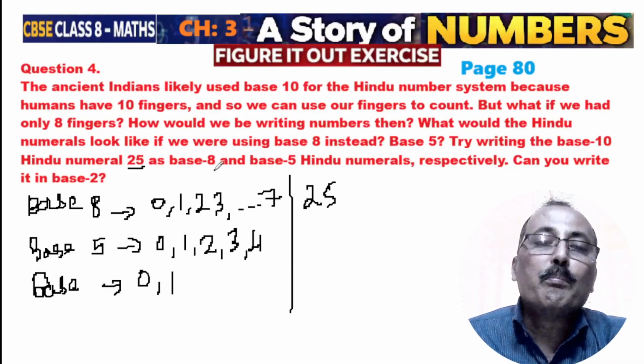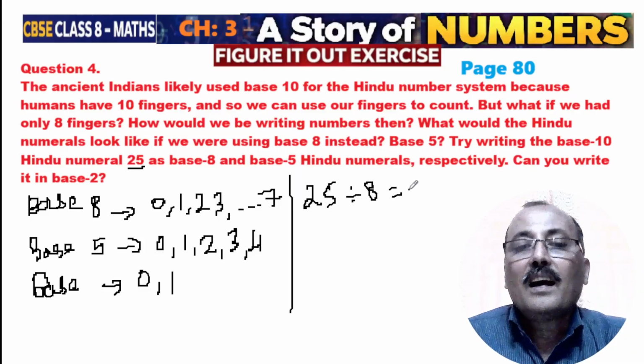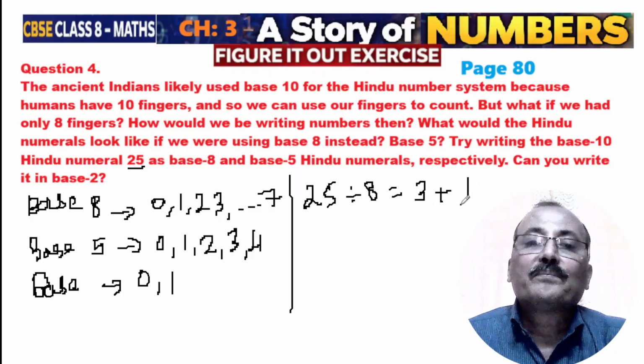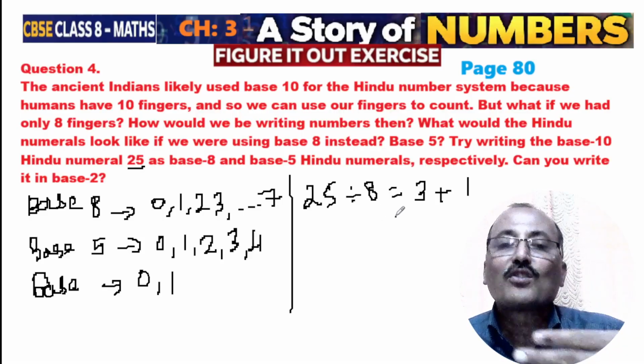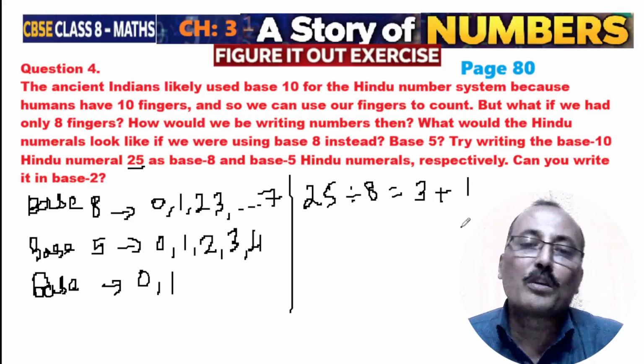So now 25, let us take the number. We'll take it in base 8. What do you have to write in base 8? How many 8s are there in 25? 25 divided by 8 is 3 times, plus the remainder is coming 1. Are you clear or not? Because 8 digits are going to be cycled, afterwards 1 bunch again is going to be recycled.